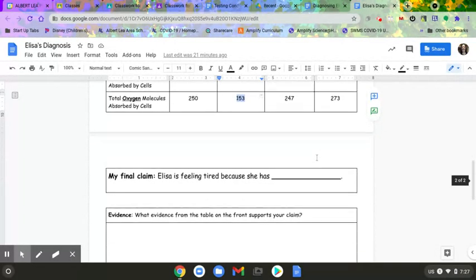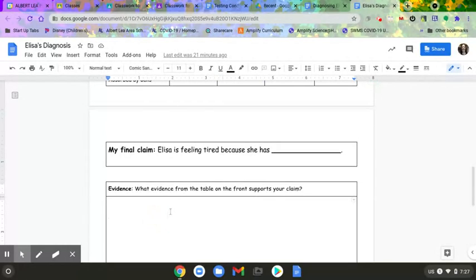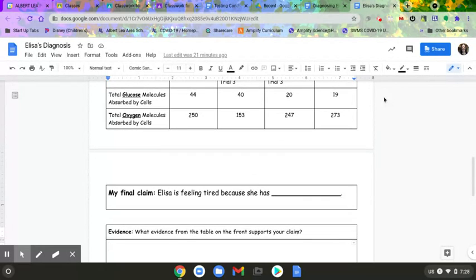So in your evidence, something I talked about with the students yesterday was the fact that when looking at the glucose levels for Elisa, her number was higher or lower than a healthy body, and her number was 19. We know Elisa's number is 19. So anytime you can use numbers in evidence, you got to do that, okay?